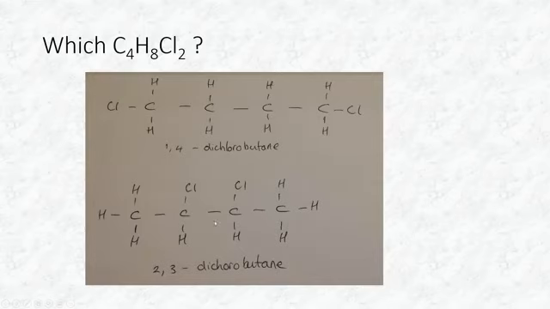Well, if we remember the spectra, our spectra told us that there was an equal number of hydrogens in each environment, and therefore it must be the top molecule, 1,4-dichlorobutane. So in summary, what did we do? We noted all the data from the spectra.